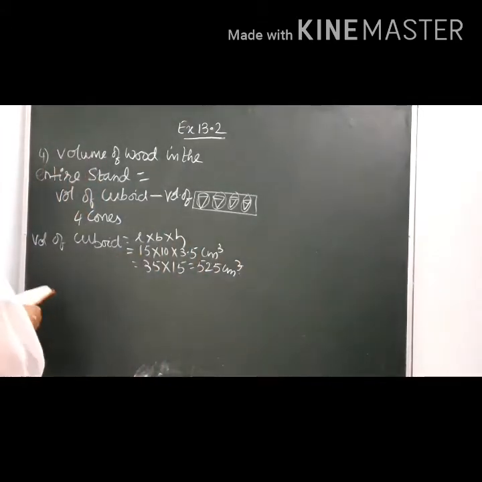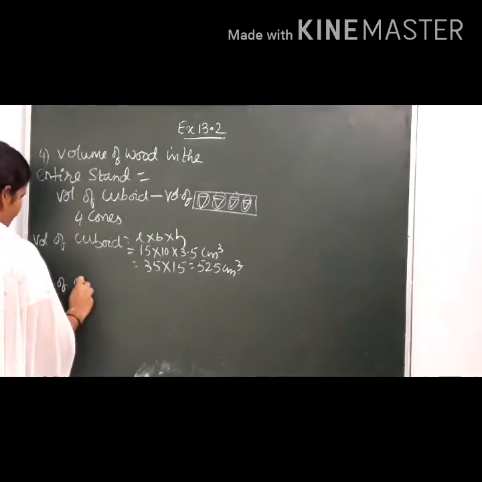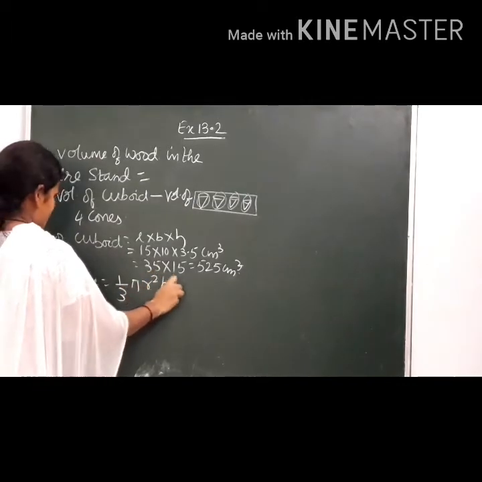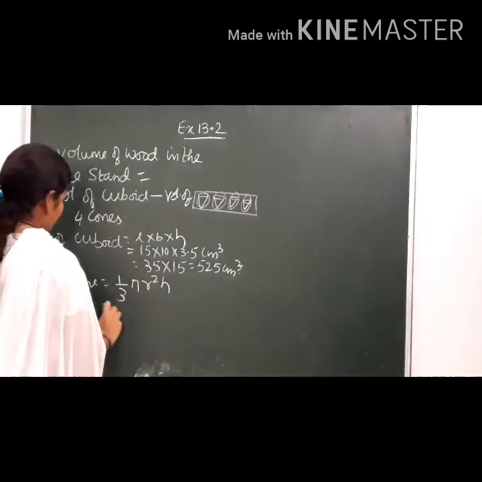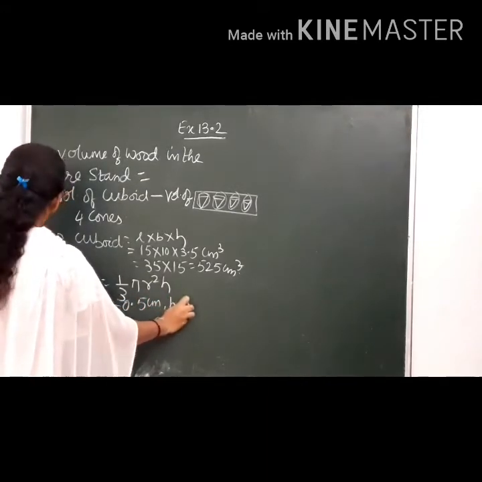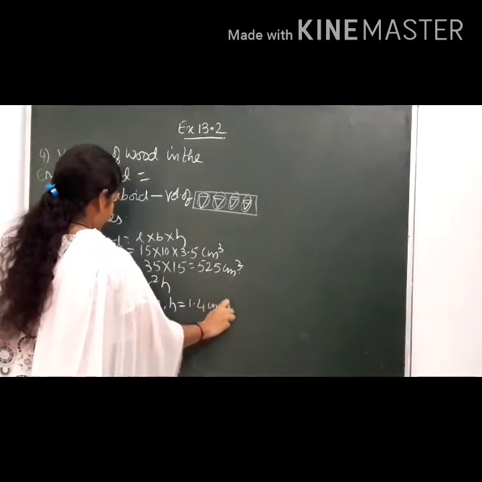Next, what do we find? The volume of a cone. The volume of a cone formula is 1 by 3 pi r square h. What is the radius given here? The radius of the depression is 0.5 centimeter and the height, which is the depth, is 1.4 centimeter.